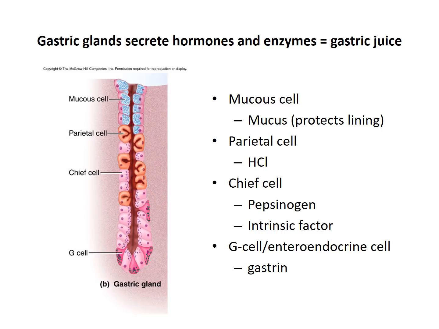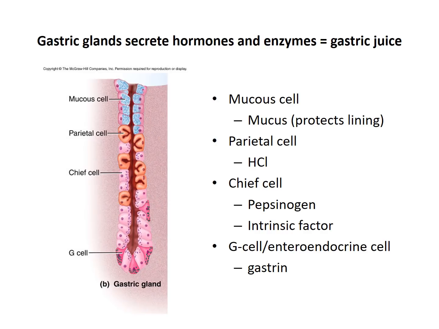We have mucus cells secreting mucus. That mucus protects the lining of the stomach from acid. We have the parietal cells secreting hydrochloric acid. We have chief cells secreting the protein digestion enzyme pepsinogen, and another protein referred to as intrinsic factor.